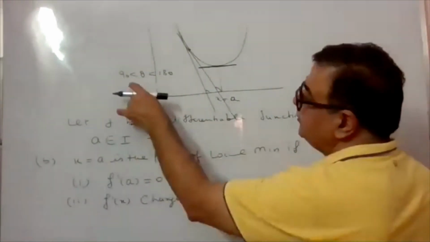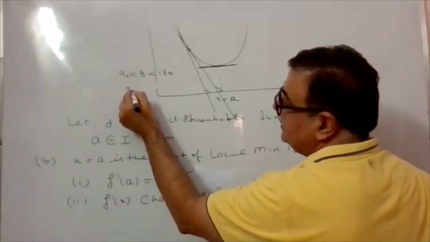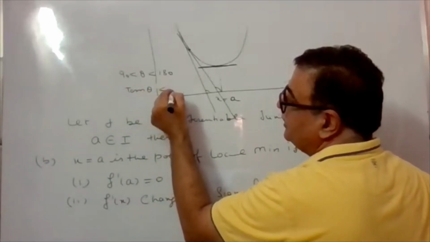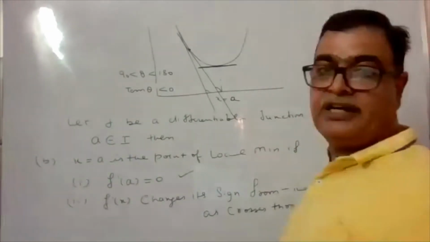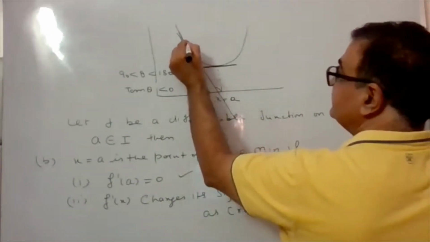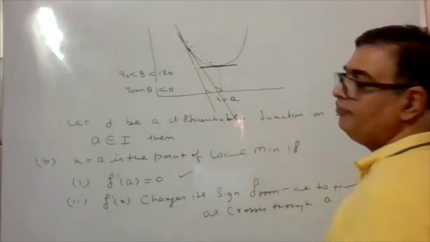And if theta is between 90 and 180, tan theta comes out to be a negative value. And if tan theta is negative, dy by dx in this part comes out to be negative.